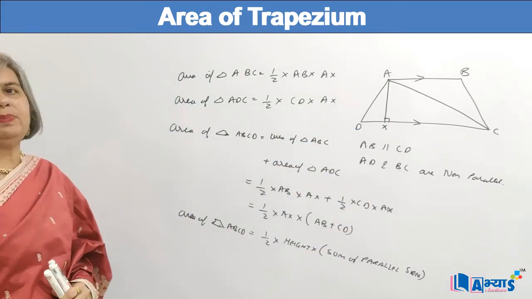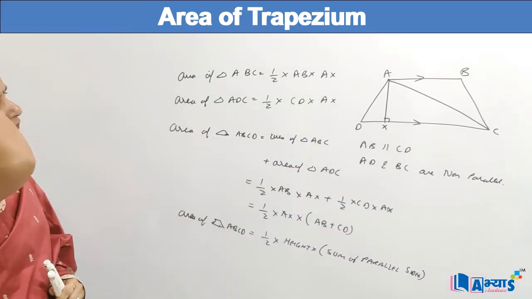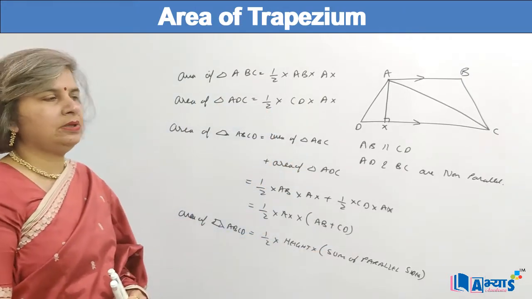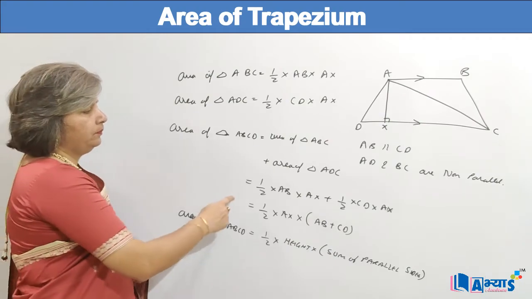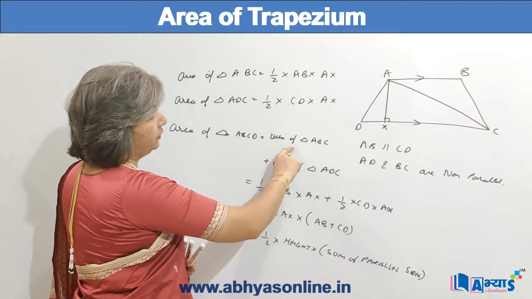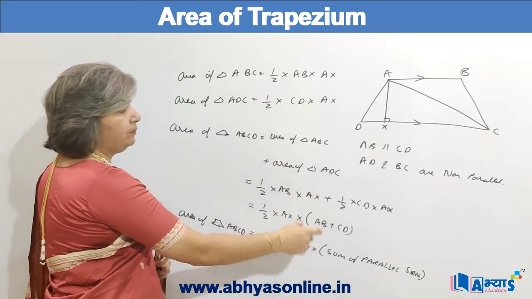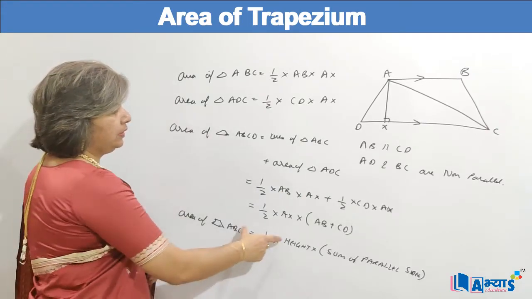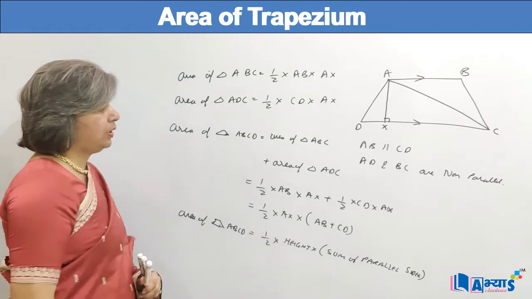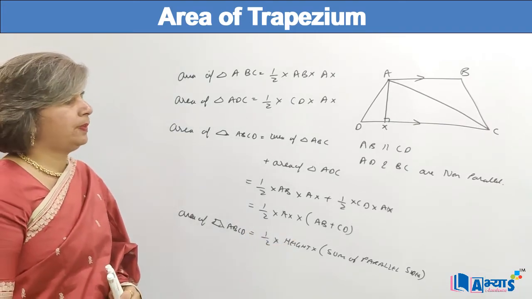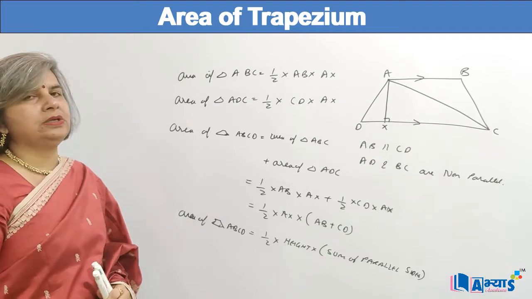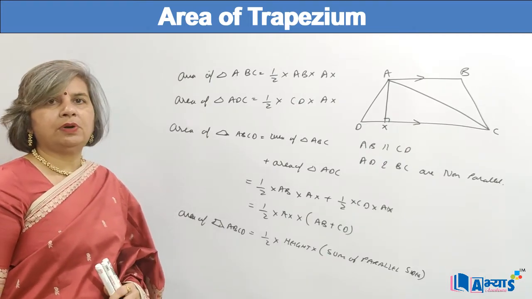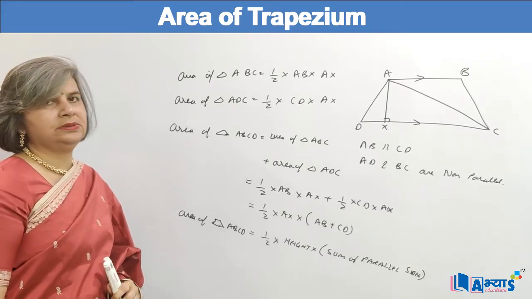Now the area of trapezium ABCD is equal to the sum of the area of two triangles, which is area of triangle ABC plus area of triangle ADC. So substituting these two values, it will be half into AB into AX plus half into CD into AX. Adding them, we will get this. So this is equal to half into height into sum of two parallel sides. So this is how we can derive the formula for the area of a trapezium, and it is equal to half into height into sum of two parallel sides.